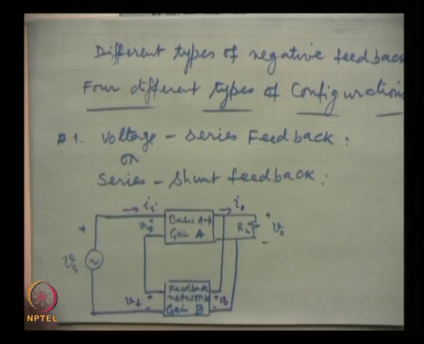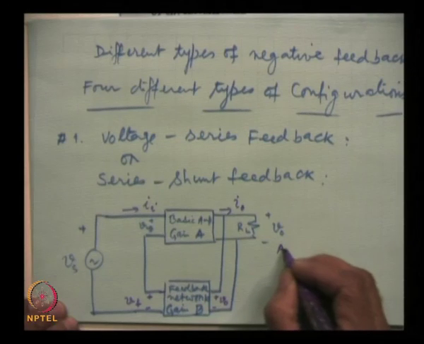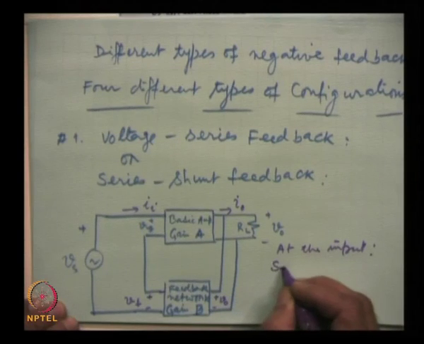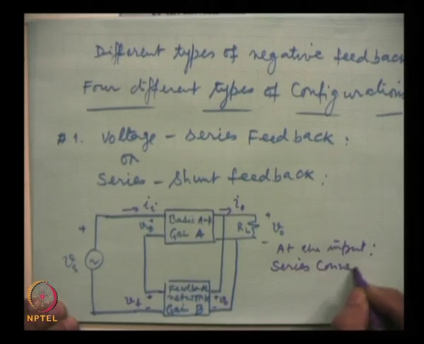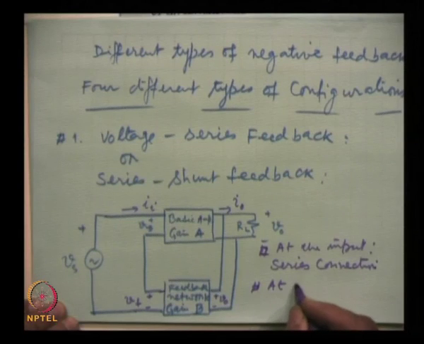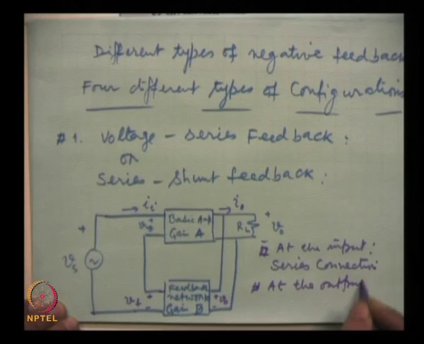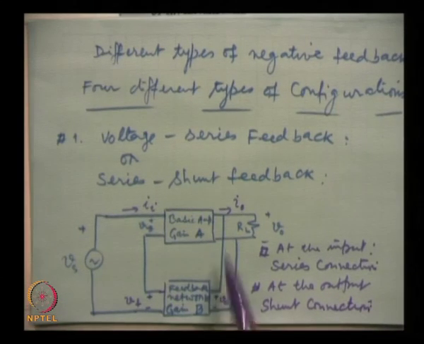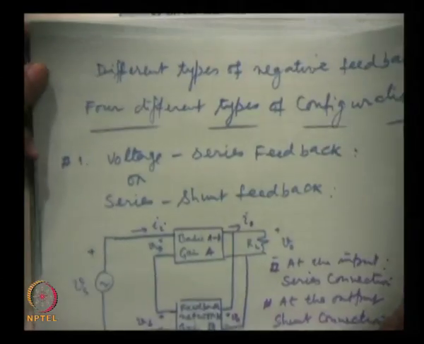So, at the input this has series connection, at the output it has shunt connection. And we sample the voltage, a fraction of the voltage is fed back, and that becomes part of the input. This is one kind, that is voltage series feedback or series shunt feedback.